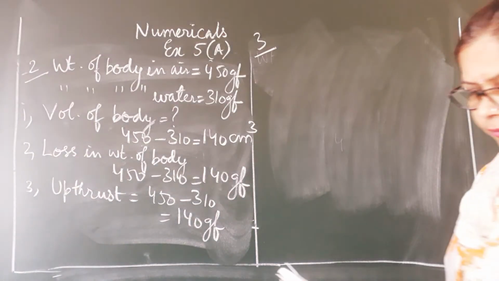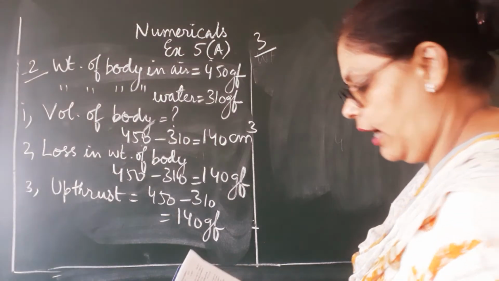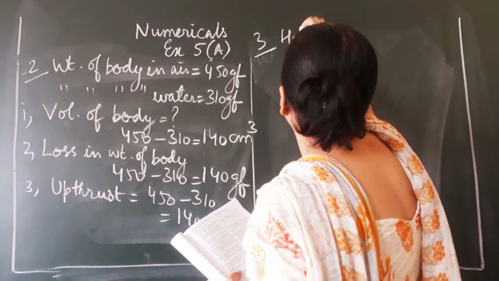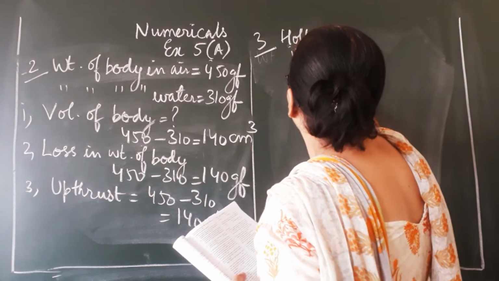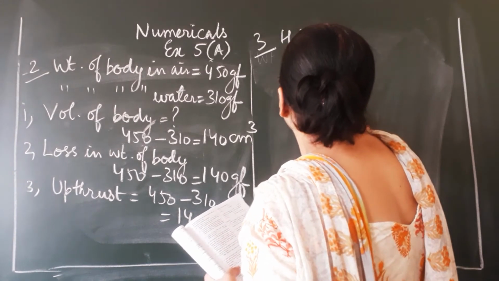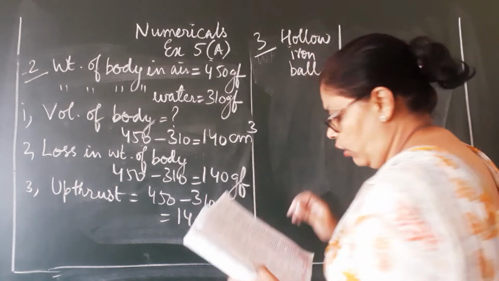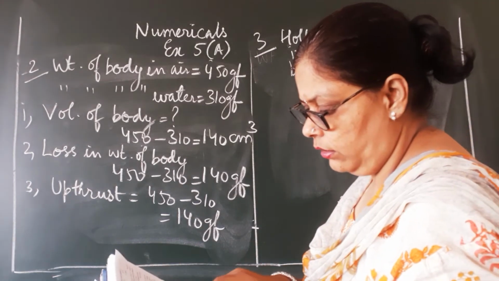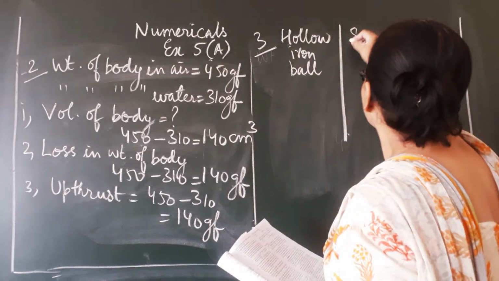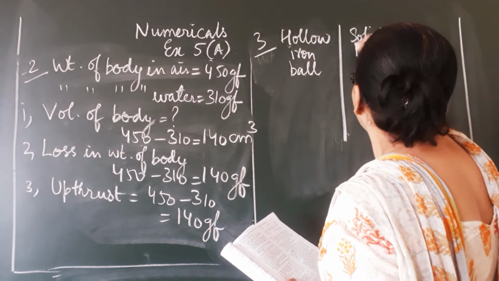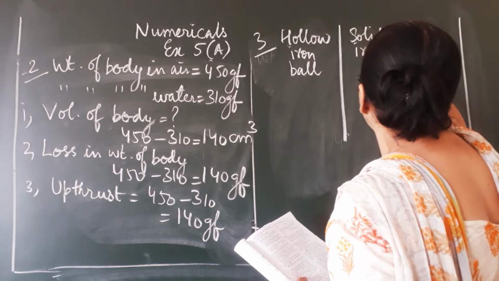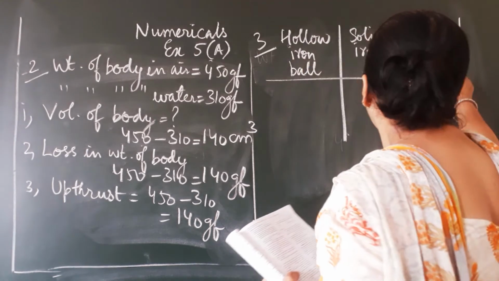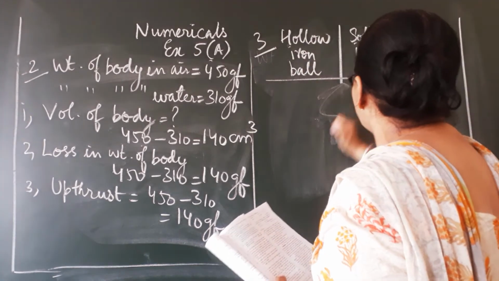Okay. Fine. You are provided with a hollow iron ball. So you have a hollow iron ball, and on the other hand you also have a solid iron ball. So you have two objects. One is a hollow iron ball and the other is a solid iron ball.